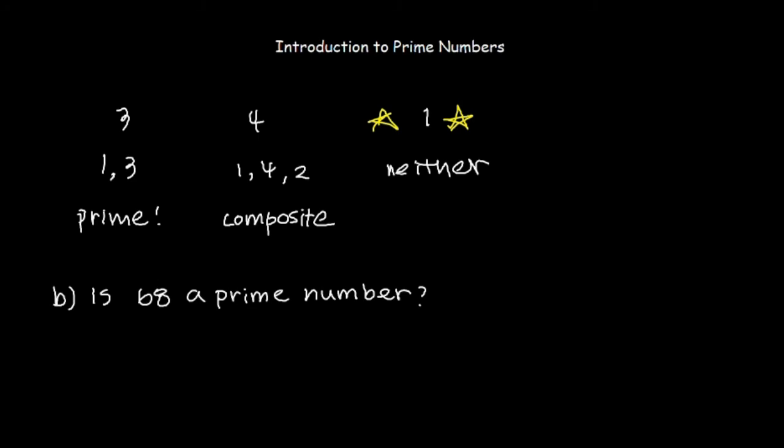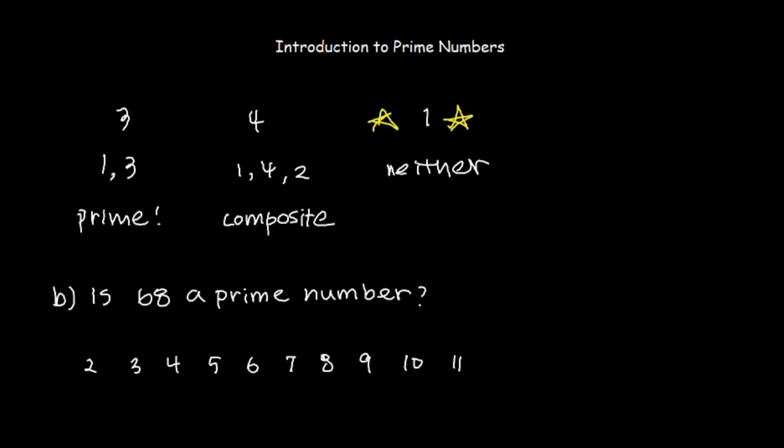Alright, let's see if this number is a prime number. And we start, of course, with the process of elimination. So we start from 2, 3, 4, 5, 6, 7, 8, 9, 10, 11. And especially for these 2-digit numbers, you don't really have to go beyond 11. So let's start.